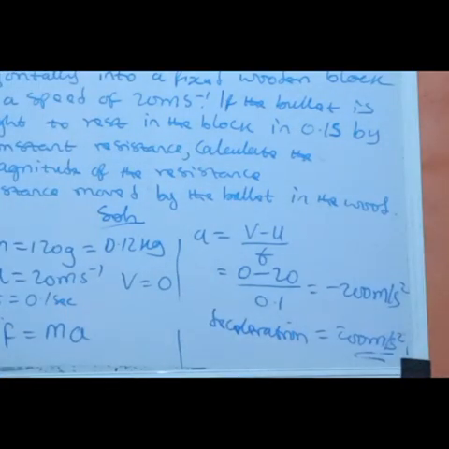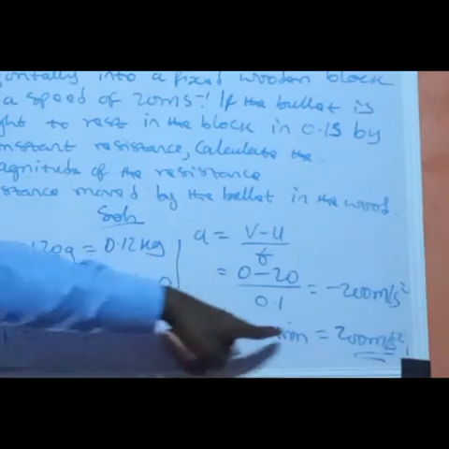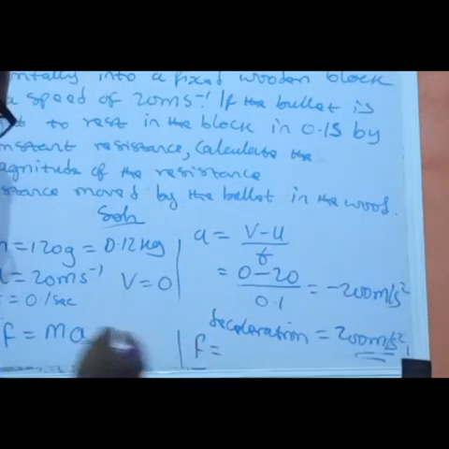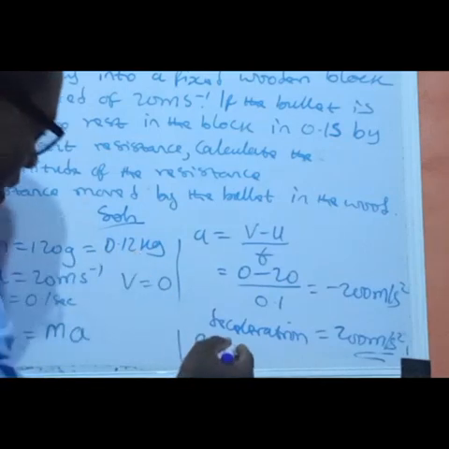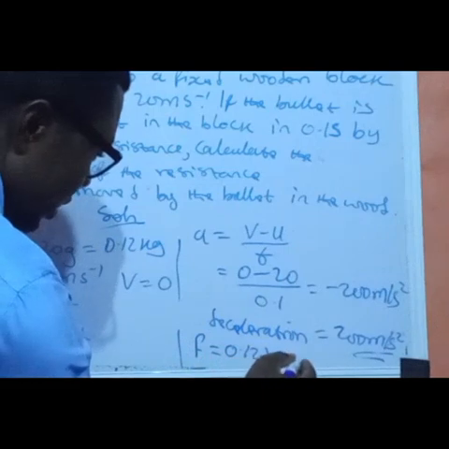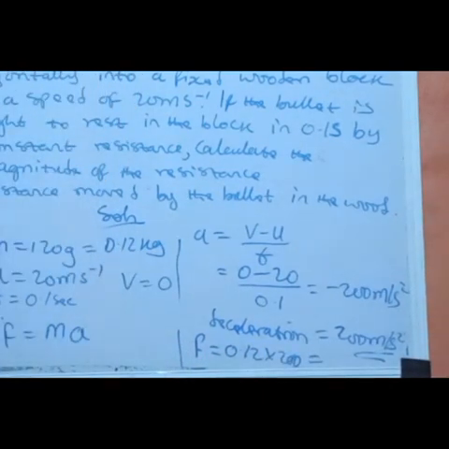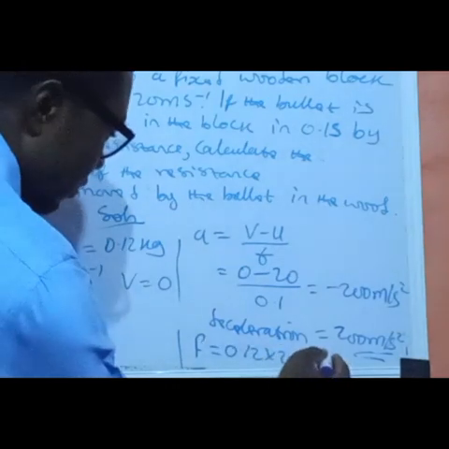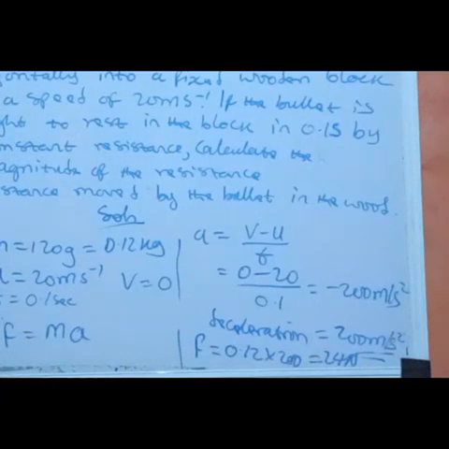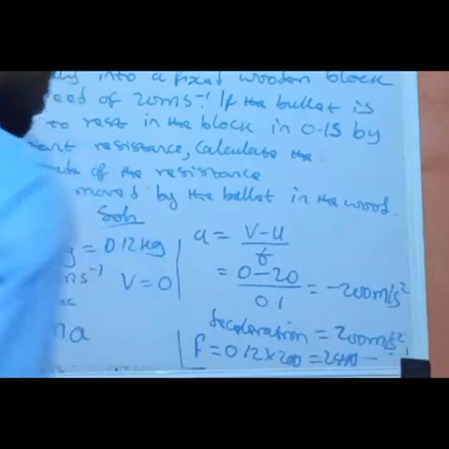Therefore, the magnitude of the resistance, or the force, is going to be mass times acceleration. The mass here is 0.12 kg, then you multiply it by 200, and that is going to give us 24 Newton. That is the force, the resistance, 24 Newton.